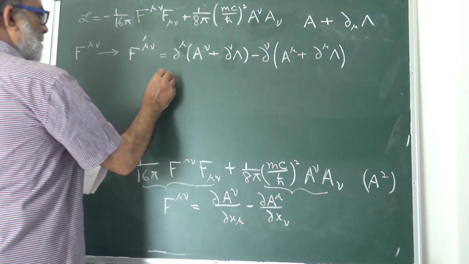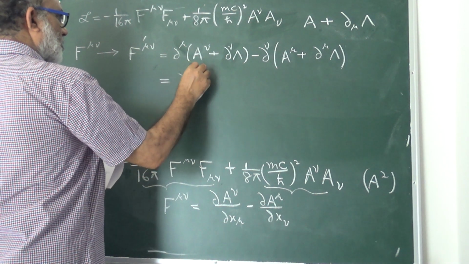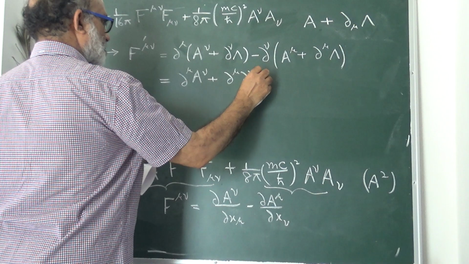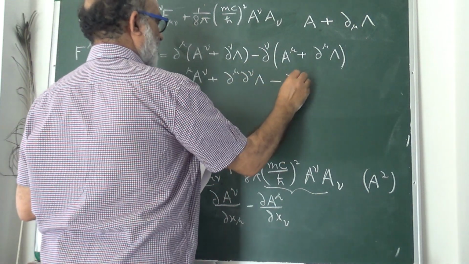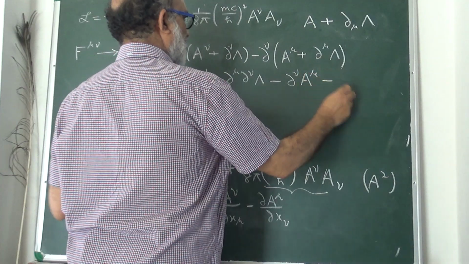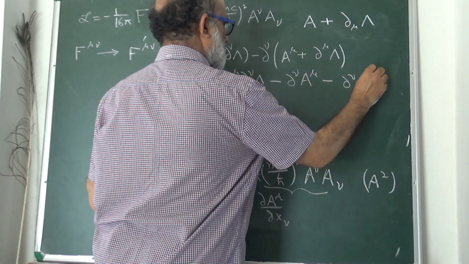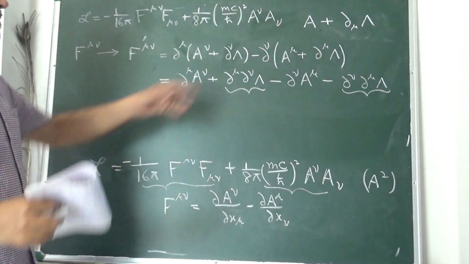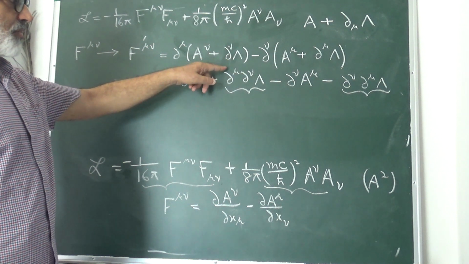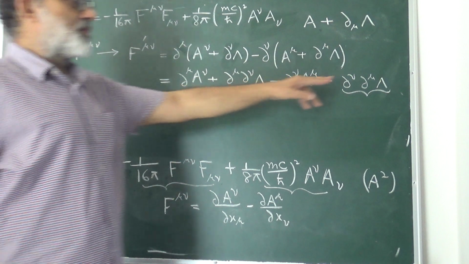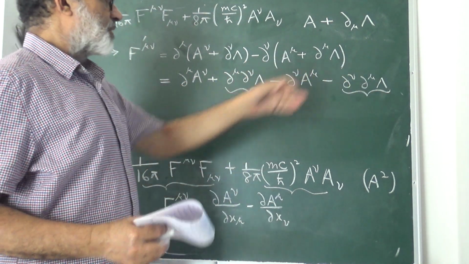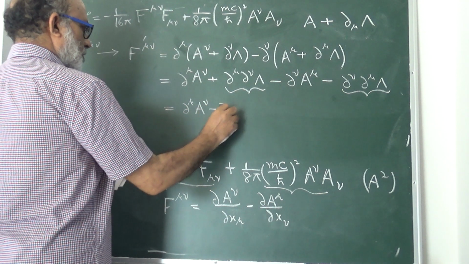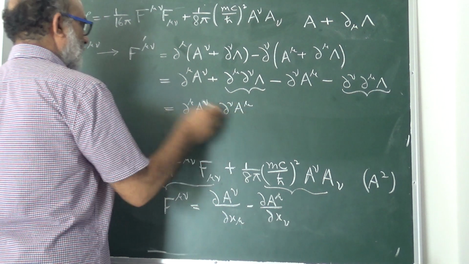So if you write this, it is A mu plus the derivative of lambda with respect to nu and then the derivative of lambda with respect to mu. It is the same thing, so this will cancel out and you are left with del mu A nu minus del nu A mu, which is again the same value.